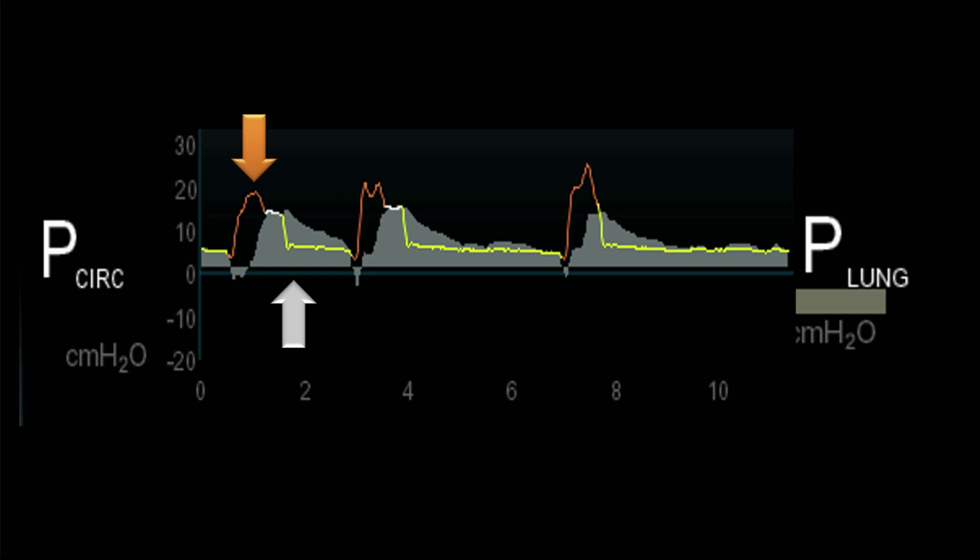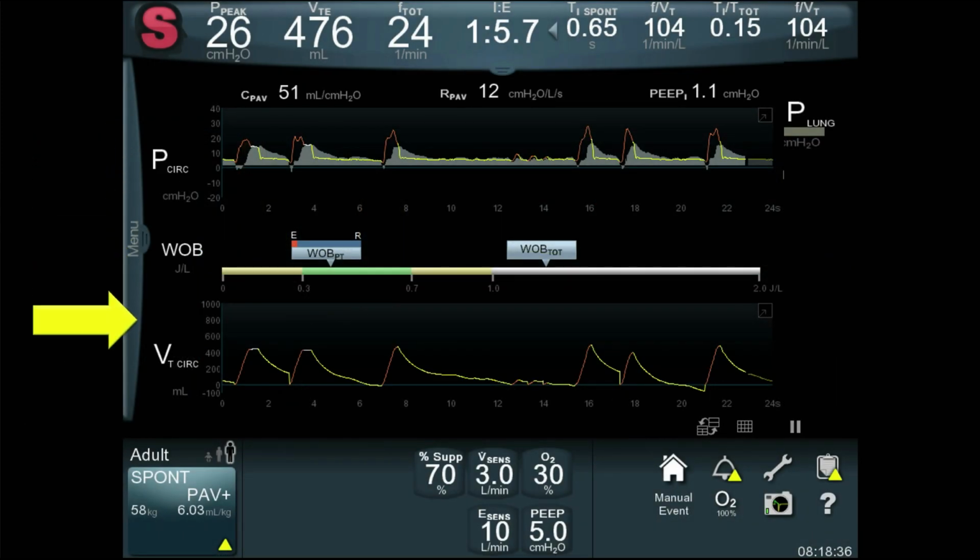As there are no manipulations that you can make to change these waveforms, they're really only decorative. The 4th waveform is the tidal volume waveform, and it gives you an idea of the breath-to-breath variability of tidal volumes. Again, orange means spontaneous effort by the patient.